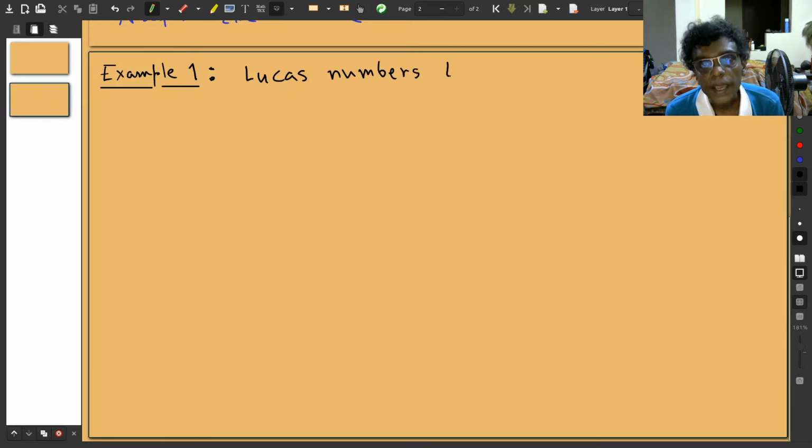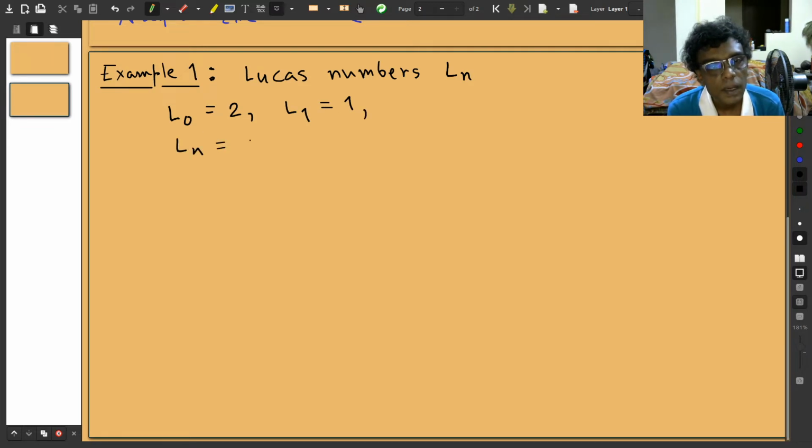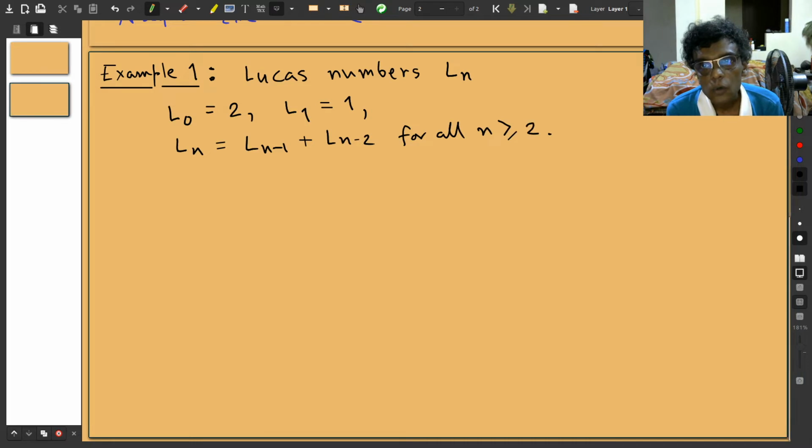So Ln are defined as follows. L0 is defined to be 2. L1 is defined to be 1. Subsequently, it is the same thing as Fibonacci numbers. Ln is Ln minus 1 plus Ln minus 2 for all n greater than or equal to 2.